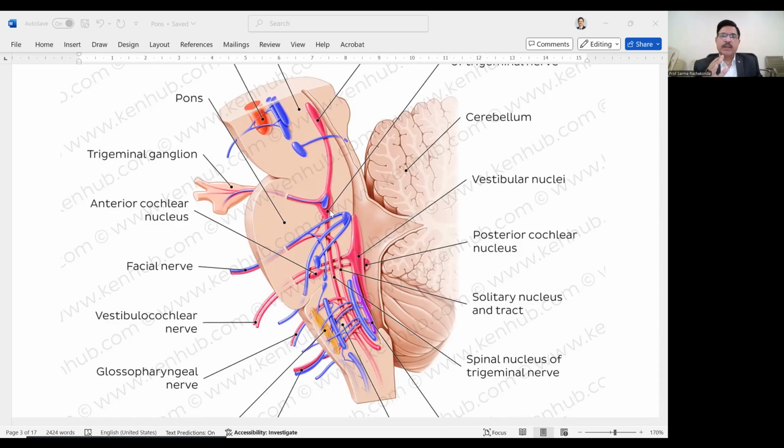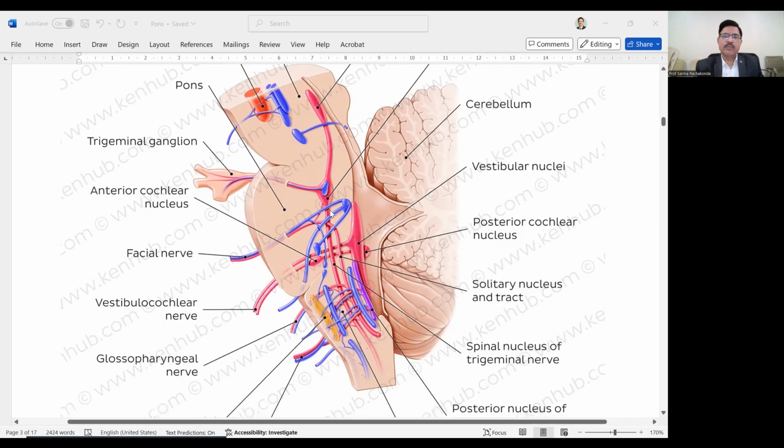So the trigeminal nucleus has got 2 components. One component is the motor component, the other component is the sensory component. The motor component supplies the masseter and the masticating muscles, and the sensory component has an ophthalmic division, a maxillary division, and a mandibular division. But the central nucleus is in the pons.